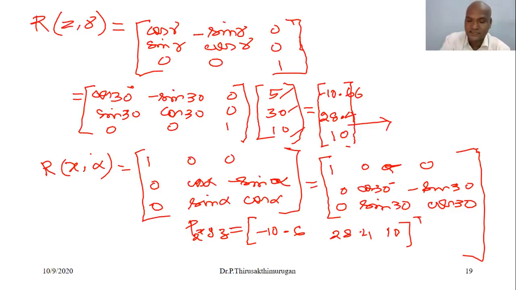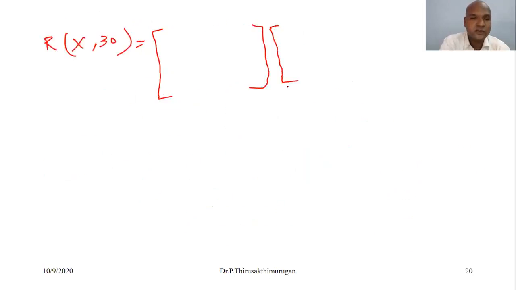degree about x-axis. So we should substitute here 1 0 0, 0 cos 30, how much? Root 3 by 2. Okay, root 3 by 2, minus 0.5, 0, 0.5, root 3 by 2.